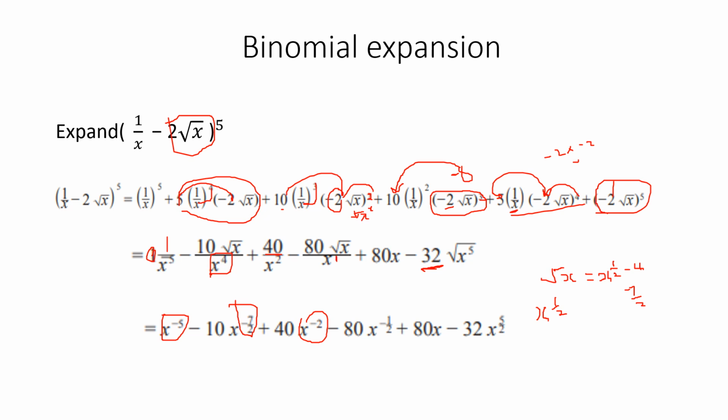So since we are subtracting, we subtract it from here. So half minus 1 is going to give us negative half. So we have negative 80 x exponent negative 1 half, right? So let's come to this. The term is already in x, so we are not going to do anything about it. We just write it back.